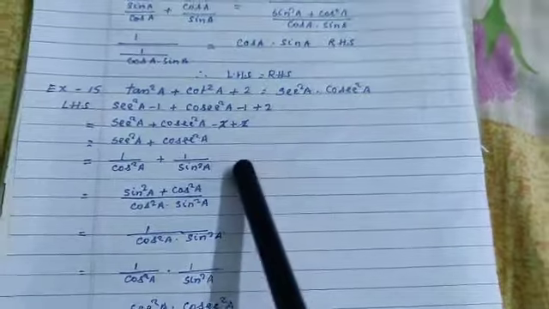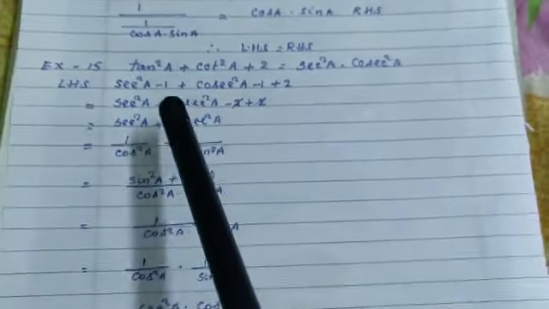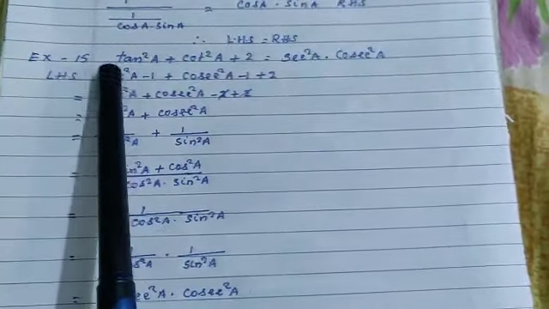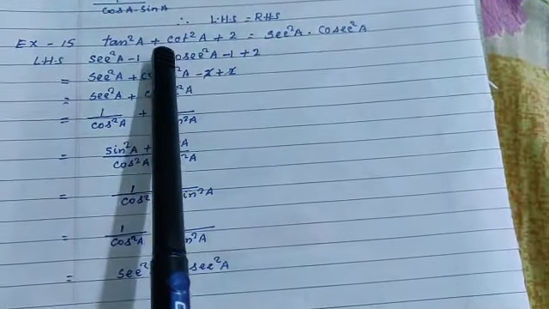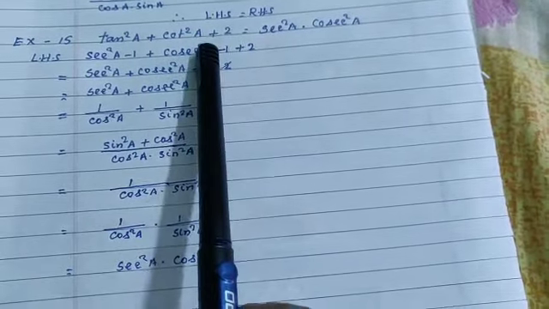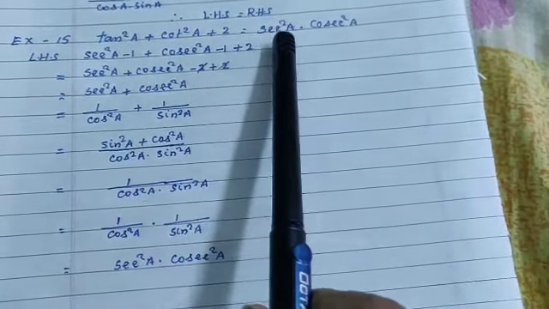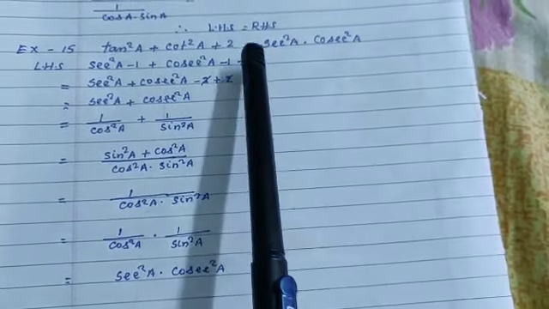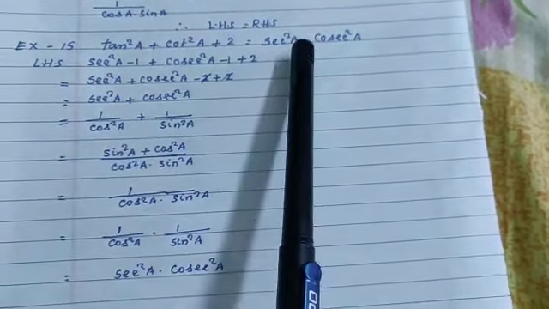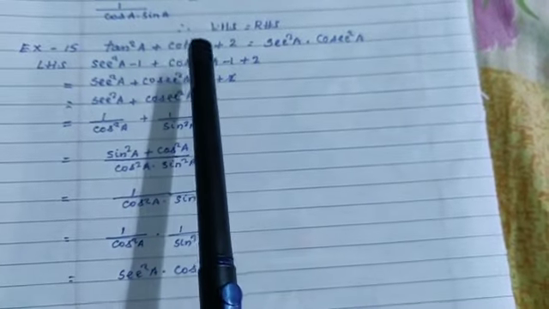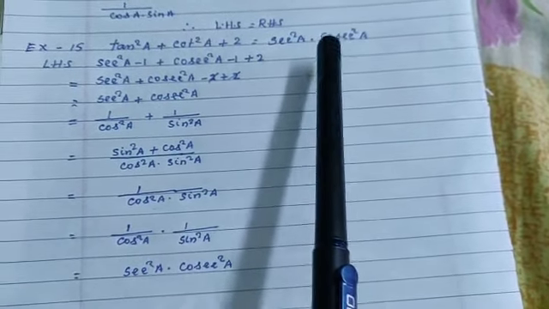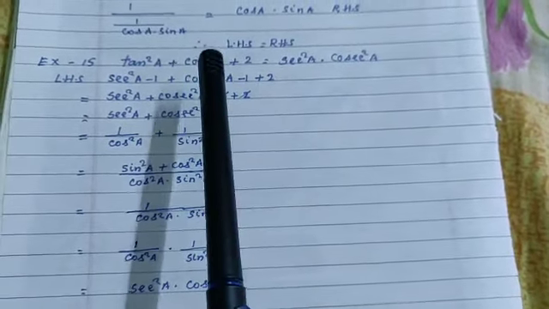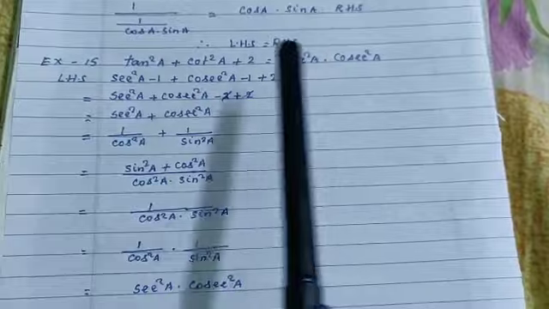Similarly, we will take one more question, exercise problem number 15. That is, tan square A plus cot square A plus 2 is equal to sec square A into cosec square A. Here the left side is in tan and cot, and on the right hand side sec and cosec are given. So we use tan and cot in terms of sec and cosec.